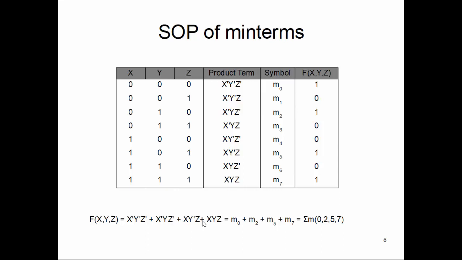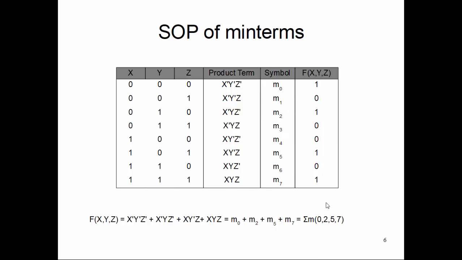So now you see the standard sum of product form, that way of expressing a Boolean function, would be something like this. You get a truth table, look at where the function value is 1, and write sigma m of those subscript values.